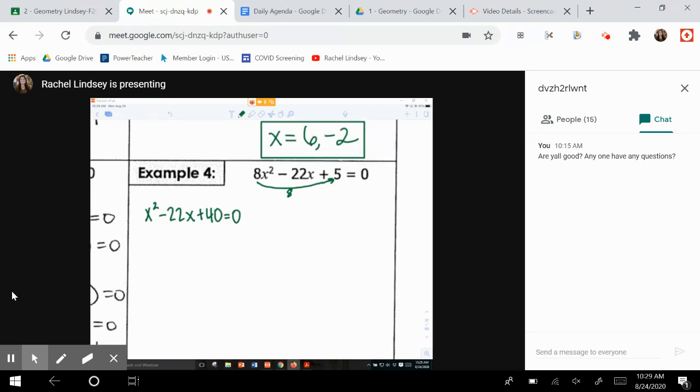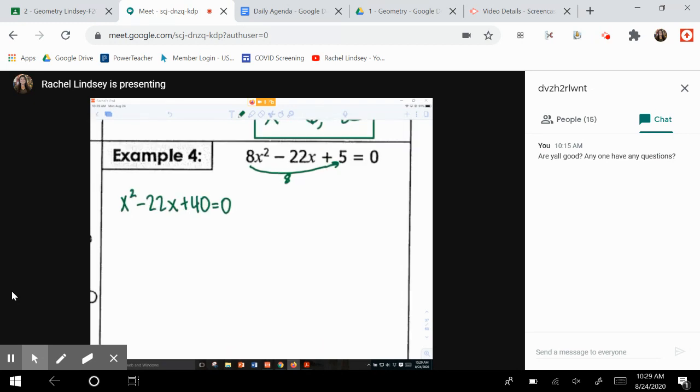So what two numbers multiply to give you positive 40 and add to give you negative 22? Well, negative 20 and negative 2.